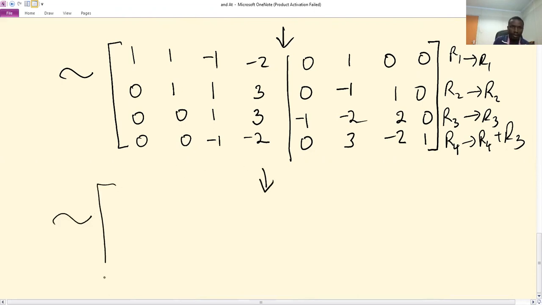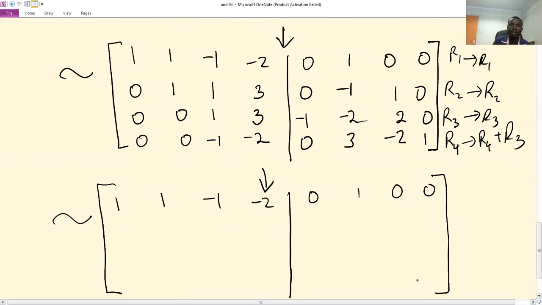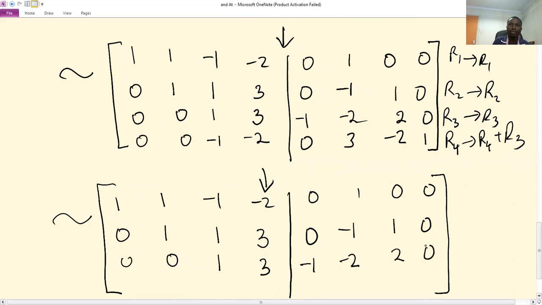So we get an equivalent matrix: 1, 1, minus 1, minus 2, 0, 1, 0, 0, 0, 1, 1, 3, 0, minus 1, 1, 0, 0, 0, 1, 3, minus 1, minus 2, 2, 0, 0, 0, 0, and this will be 1, and then minus 1, this will be 1, this will be 0, this will be 1.